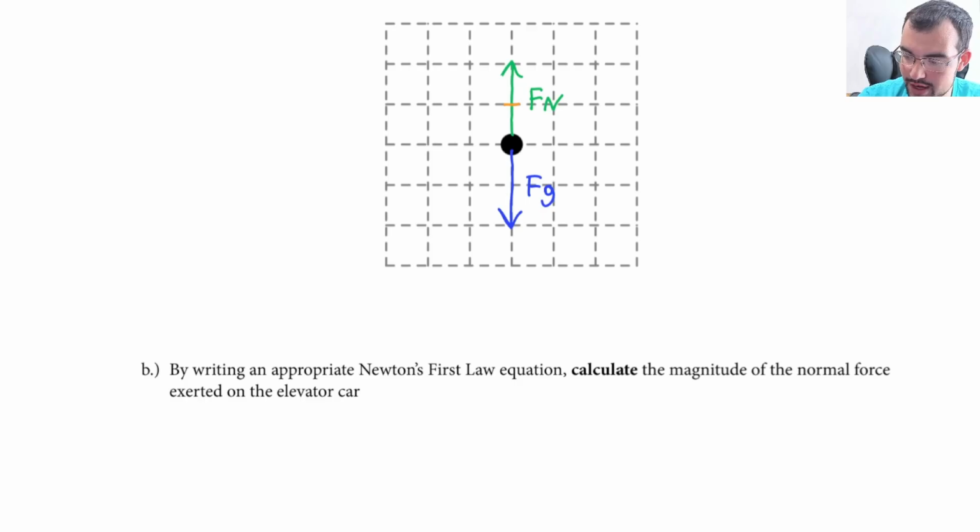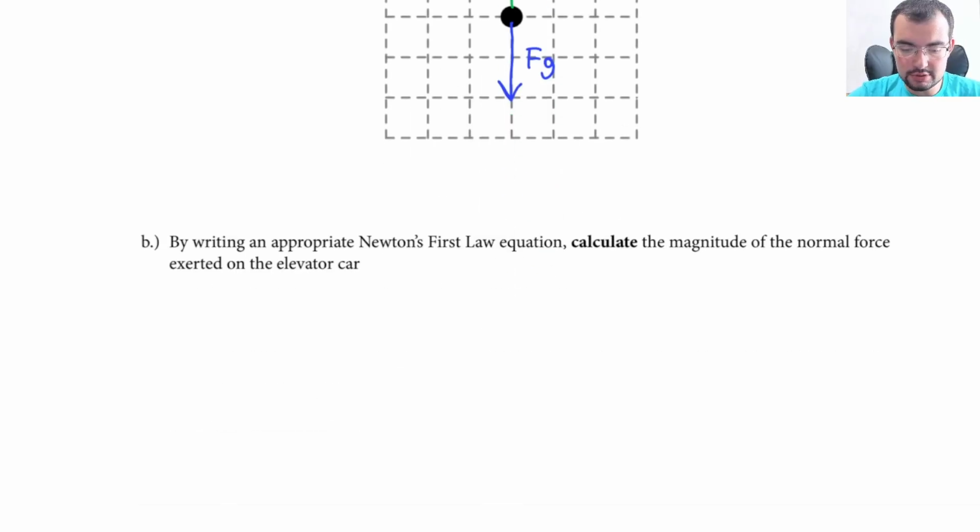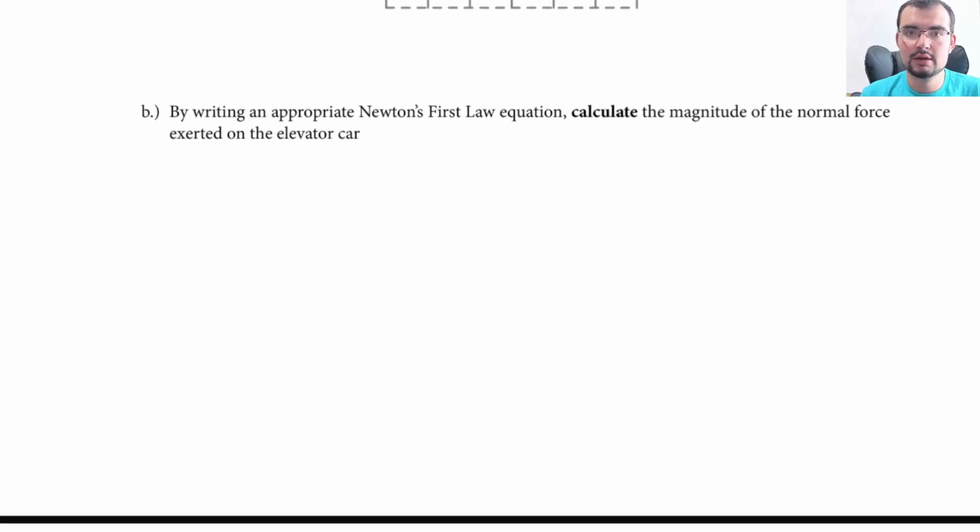All right, now it says, by writing an appropriate Newton's first law equation, calculate the normal force exerted on the elevator car. A Newton's first law equation says that forces are balanced. There are a lot of ways that you can write this.